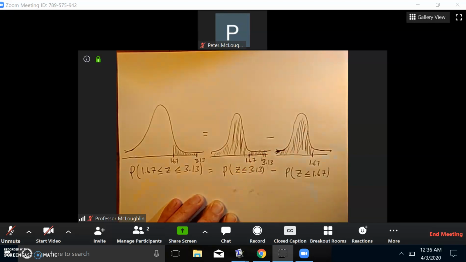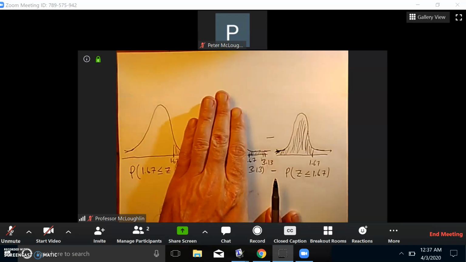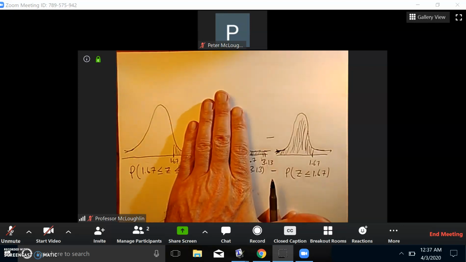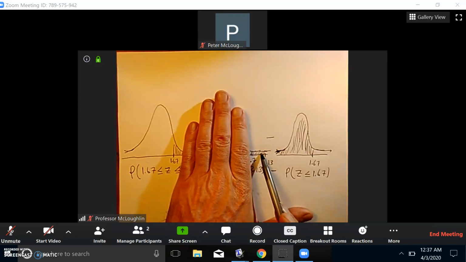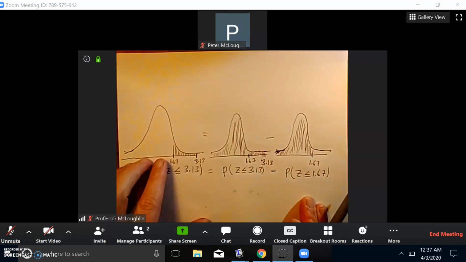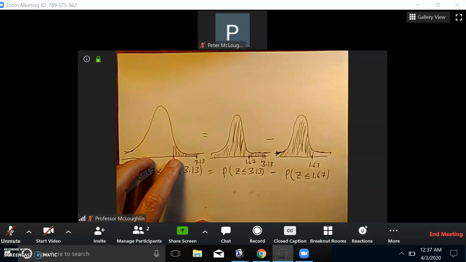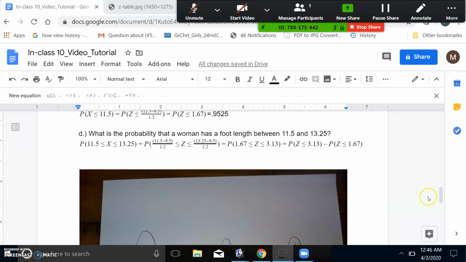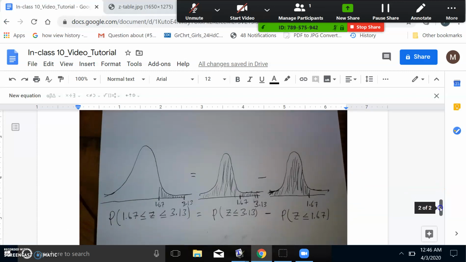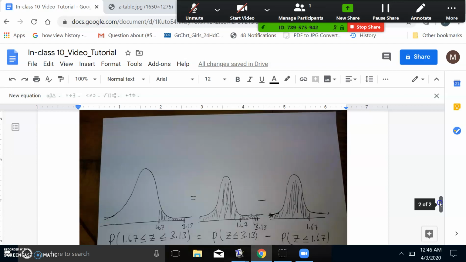If I subtract this one from this one, the only thing that survives is this area here, which is what I'm looking for. Okay, so that's the reason. Let's keep going.